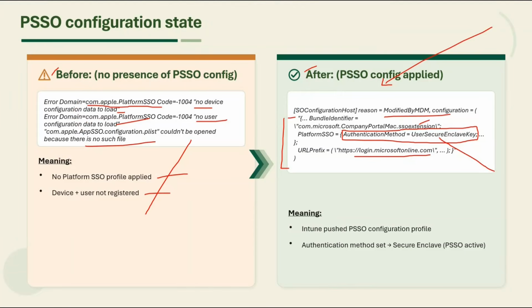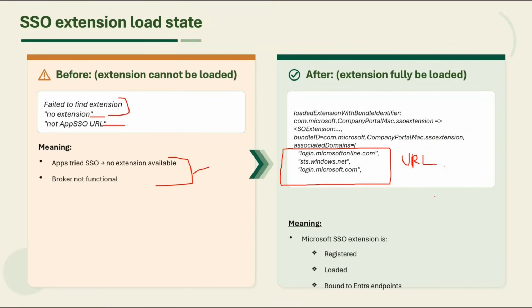Again, this also shows that the device has received the PSSO settings catalog profile, the registration has happened, and the device is now bound to those endpoints which we had mentioned in the profile.